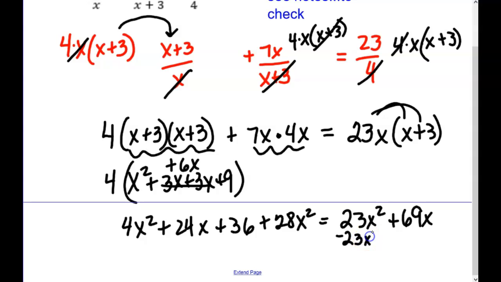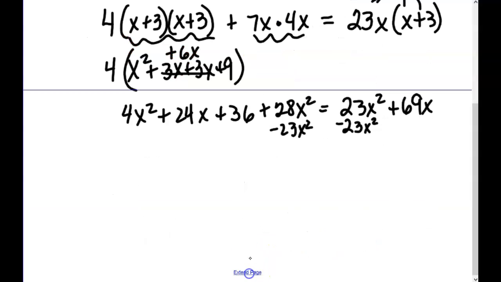I think I'll subtract this over here. You can just feel free to cross this out and not write all this down if you want. I think I have 9x squared. Is that negative 45x?